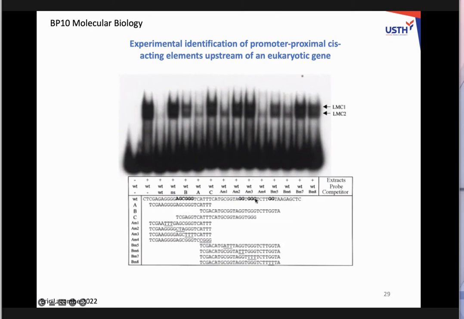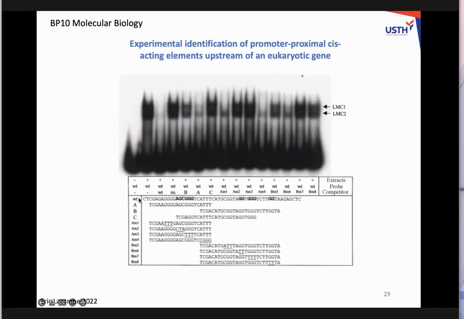So the next question that can be answered using this technique is where in this 50 base pair region the interaction occurs. In other words, is it on the left or on the right of the sequence? In order to do that, we can use competition to analyze this sequence more in depth.